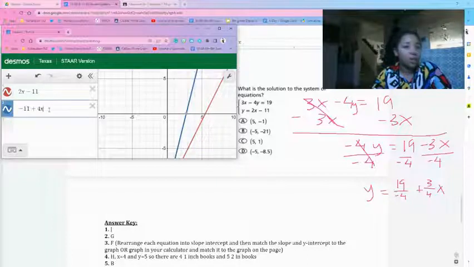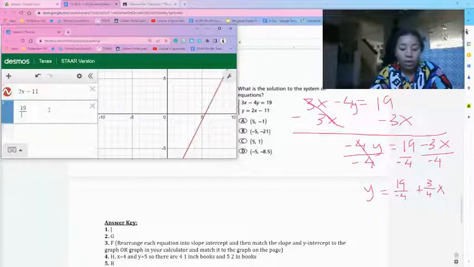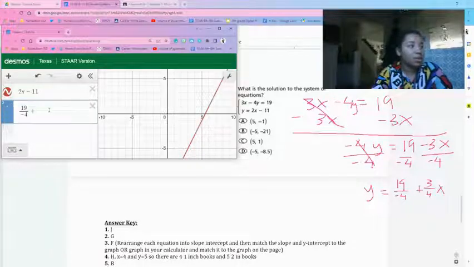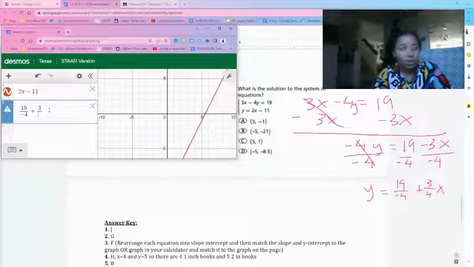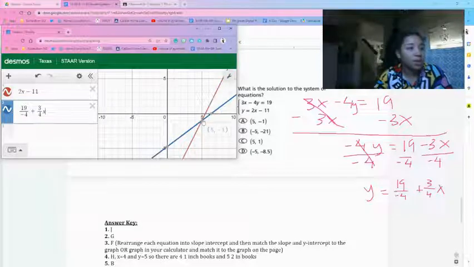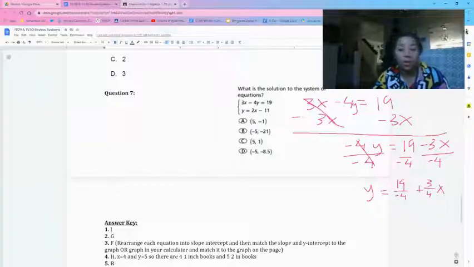And then this one is going to be 19 over negative 4 plus 3/4 x. And we can also see that the point of intersection is 5 and negative 1, and the answer would be A. So there's two ways to solve the equation if you want.